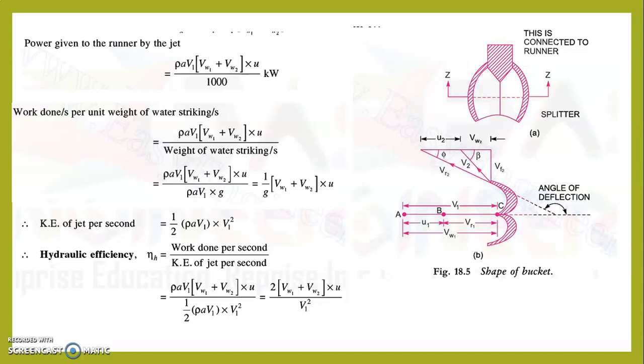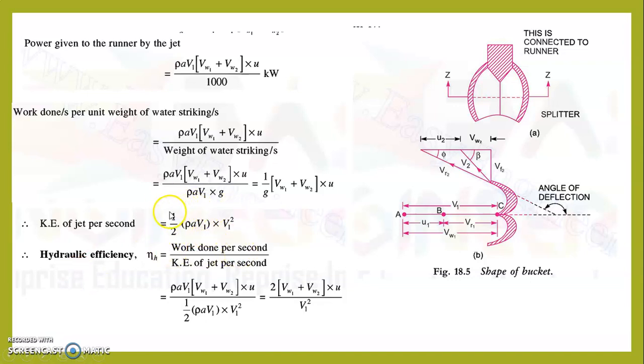And the third one is the kinetic energy. So normally water power is given by rho g qh, which is also equal to the kinetic energy in a Pelton wheel. So we can write the water power as half mv square. If we substitute the value of rho g qh, we will obtain the same equation.